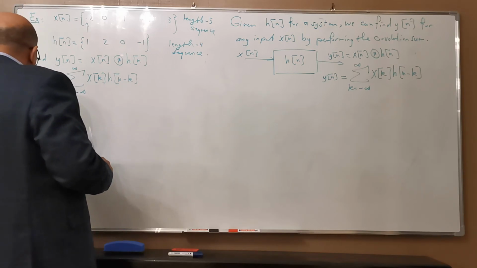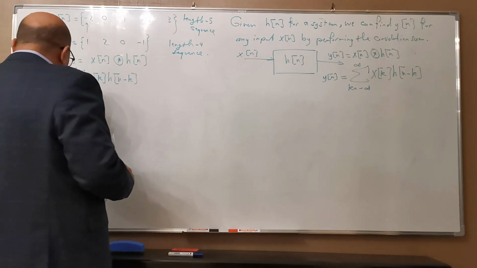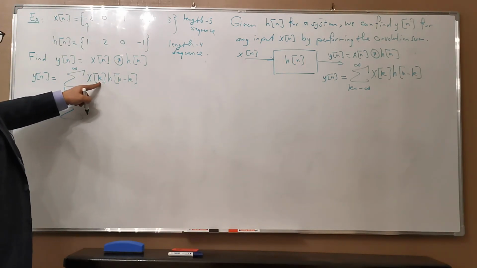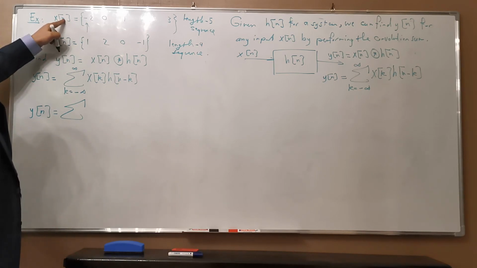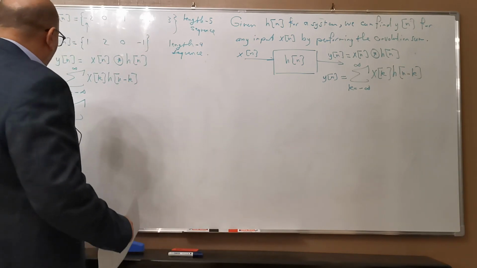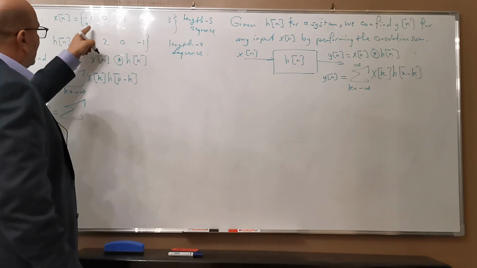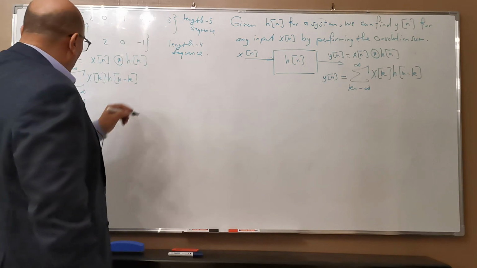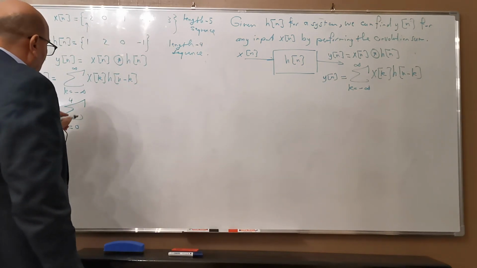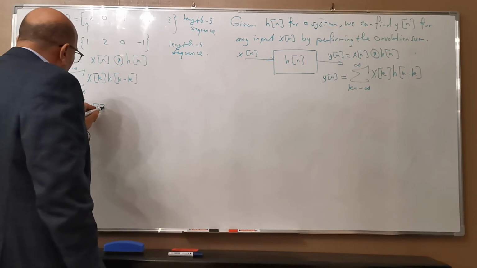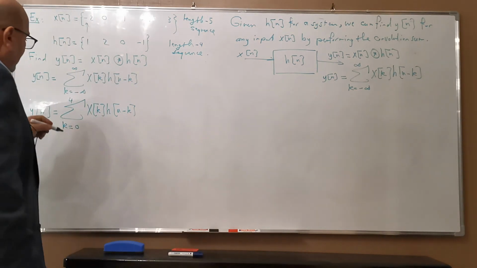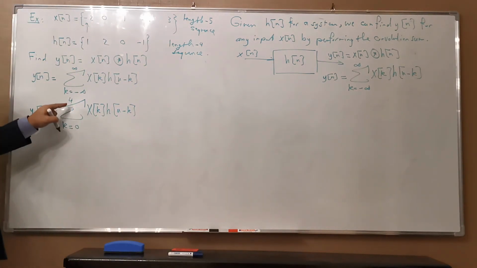Now, y of n is equal to summation. My x of k here, I'm going to change the index n to k. So you have k 0, 1, 2, 3, 4. So I'm going to have only non-zero values from 0 up to 4. So this is from k equals 0 to 4, x of k, h of n minus k. Okay? Why did I substitute k equals 0 to 4?